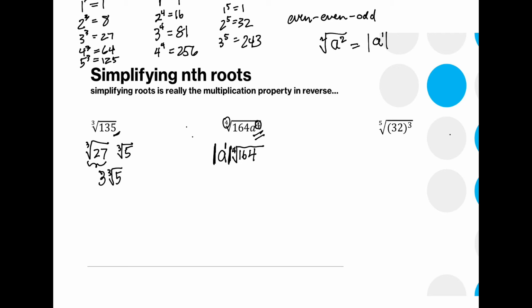And technically, to make this true, if I were to plug in a negative number, so we have negative 2. Negative 2 to the fourth is going to be positive 16. And then if I took the fourth root of that, it would not give me negative 2. The fourth root of 16 is 2, not negative 2. And so we're trying to make this so that any a can work.